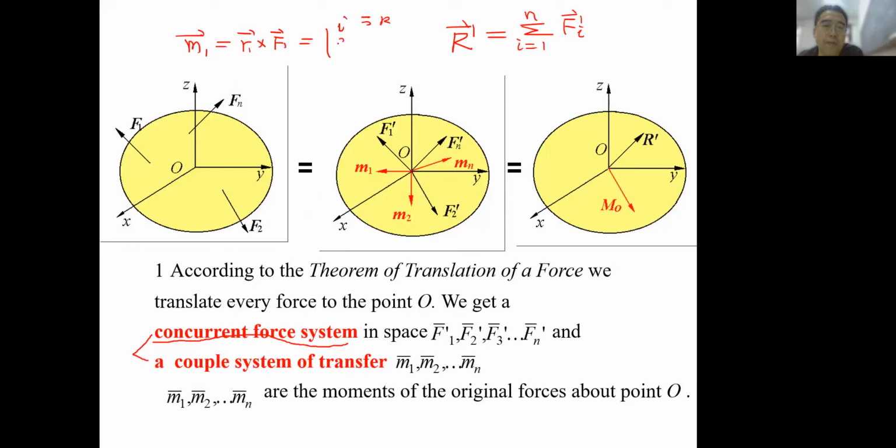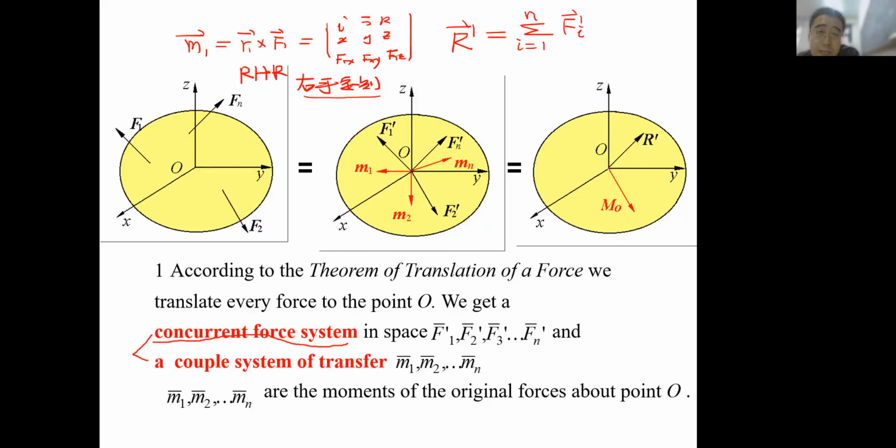This is how we find its magnitude, and this is how we find its final result. And from this, we can use our right-hand rule, 右手定则, to find its direction.